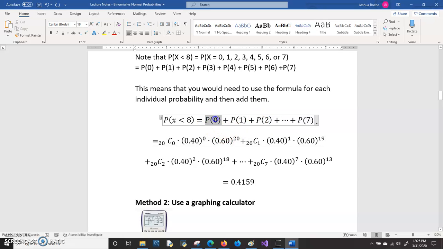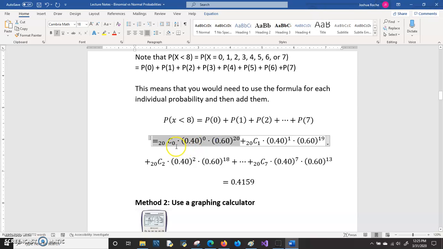So the probability that 0 out of 20 voted in the elections is this formula right here, plugging in 0 for the x, 20 is the sample size, and 0.40 is from the 40%. And here's the probability for 1 out of 20 voting in those elections. If you do that for all of them, all the way up to the probability that 7 out of 20 voted, and you add them all up, it would come out to 0.4159.